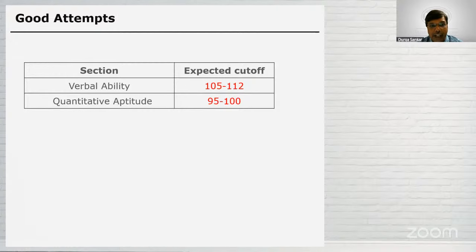And the quantitative aptitude section, where we assume the ideal number of attempts should be around 38-40 plus, with 85-90% accuracy should put your score somewhere close to 100 marks. So based on our analysis and feedback, this is the cutoff that we are announcing for both the verbal ability as well as the quantitative aptitude section. So with that, I think we more or less come to an end to this analysis.